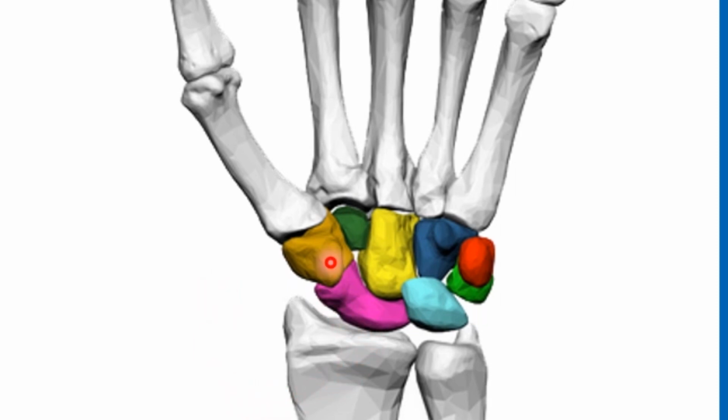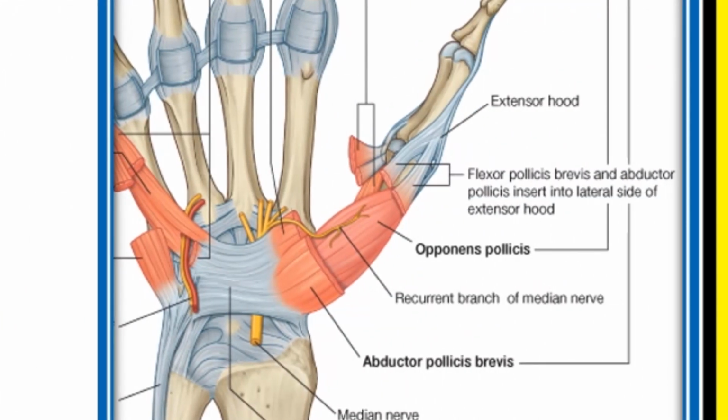The structure I'm putting my light on now is the tubercle of the trapezium. It also has additional origin beyond the trapezium, which is from the adjacent flexor retinaculum. This is part of the flexor retinaculum. So from the lateral side, we see origin from the tubercle of the trapezium and then the flexor retinaculum.